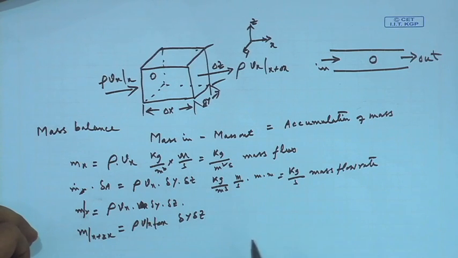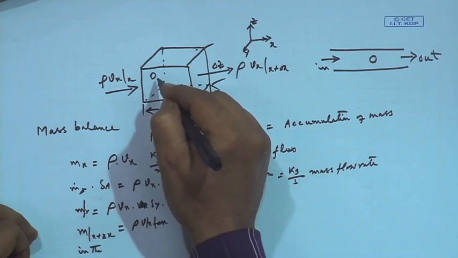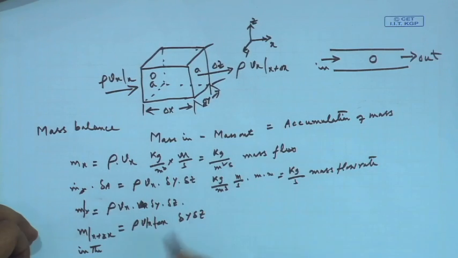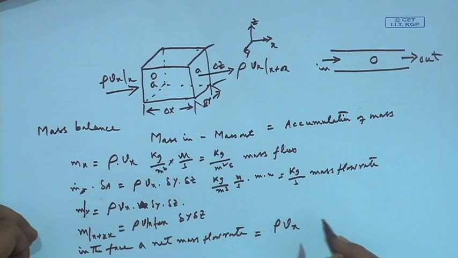So, in the face, say A, whatever is coming in and out, the net mass flow rate can be said equal to rho Vx.